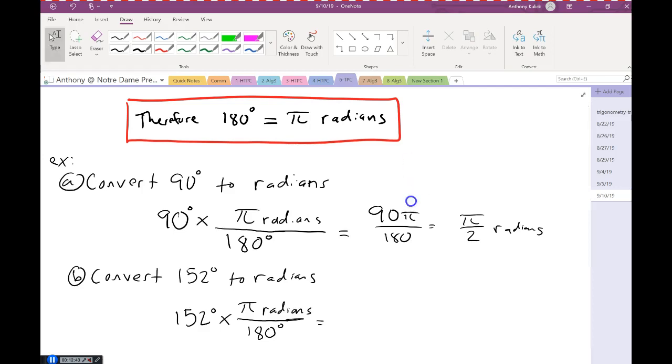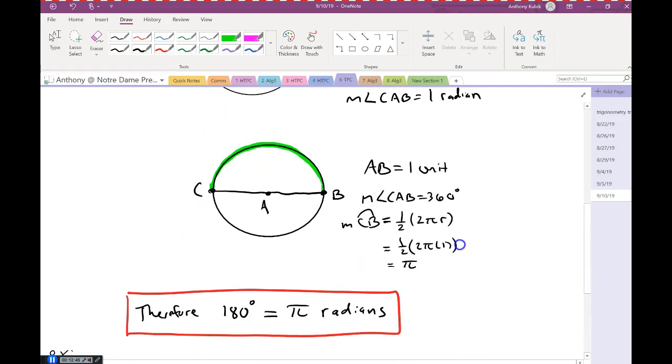So we looked for a way to relate a central angle that we knew in degrees, we know that this is 180 degrees, to the arc length of AB. We found that relationship is 180 degrees central angle is the same as pi arc length.